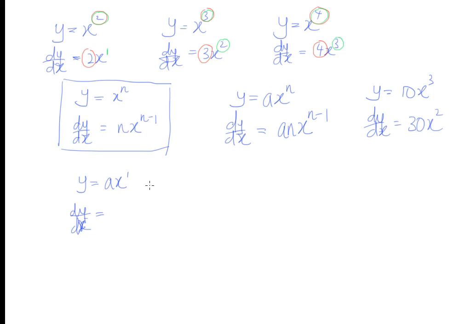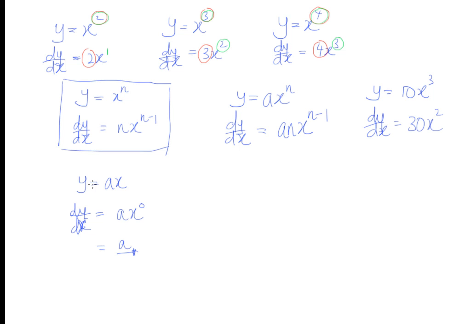So this power 1 is going to be brought down to multiply by a, and therefore we get a, and we get x. And the 1 that used to be there is supposed to be there, but it's invisible. So 1 minus 1 will give us a power 0, and anything to the power of 0 is 1, isn't it? So therefore, we end up with a.